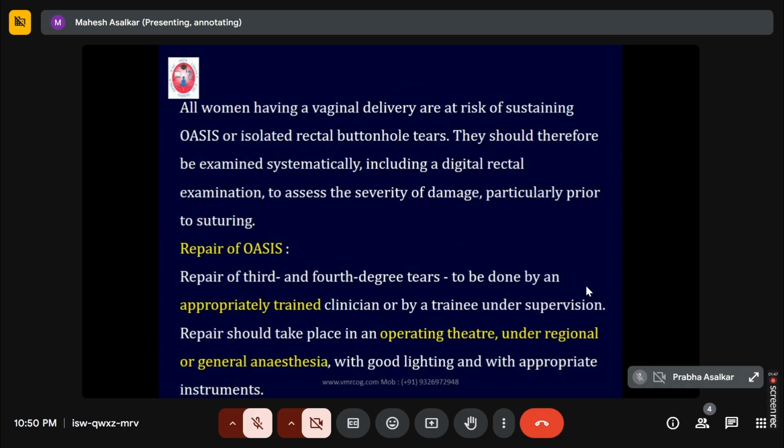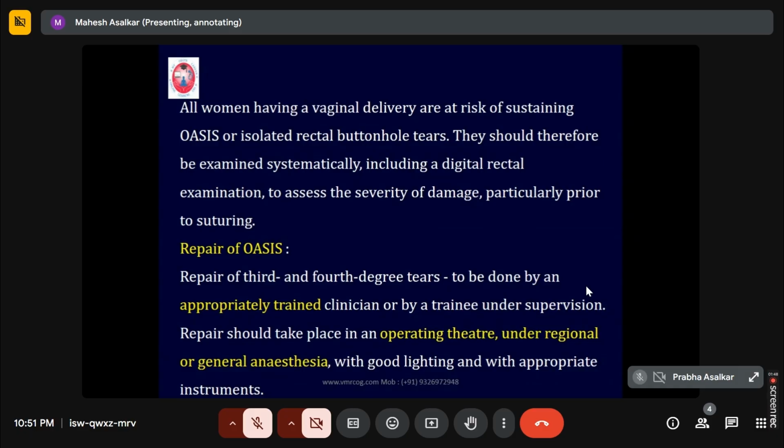Again, here there are questions. Every subtopic is a question from here onwards. Repair of third degree and fourth degree tears is to be done by an appropriately trained clinician or by a trainee under supervision. Repair should take place in an operating theater under regional or general anesthesia with good lighting and with appropriate instruments.